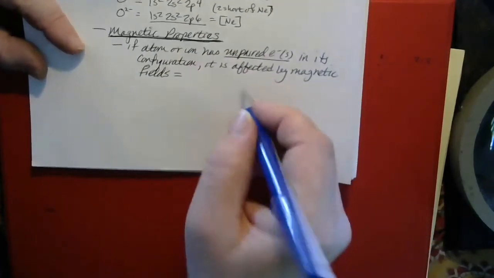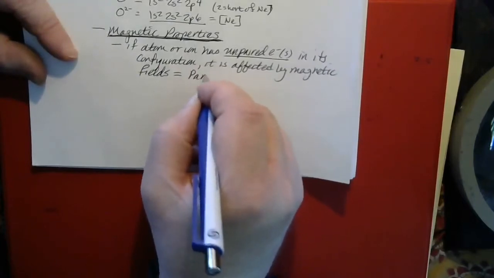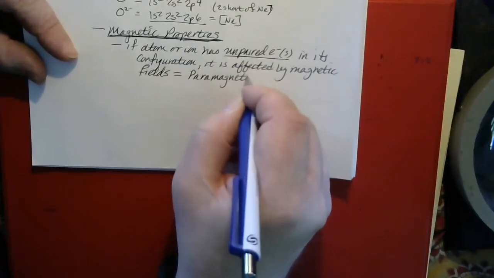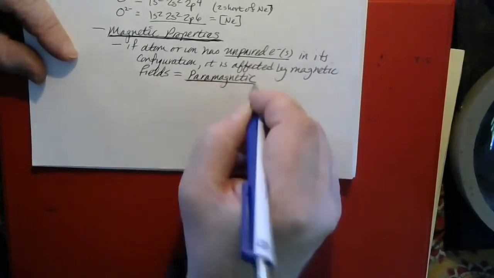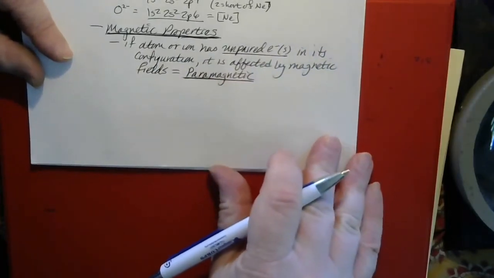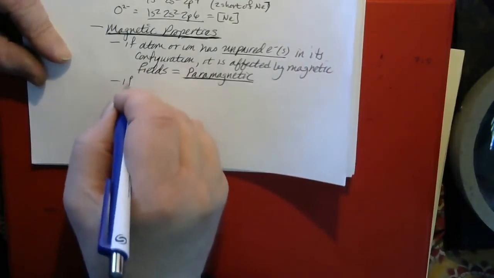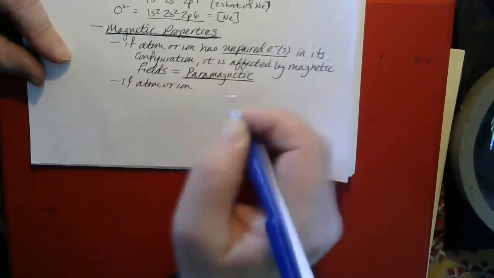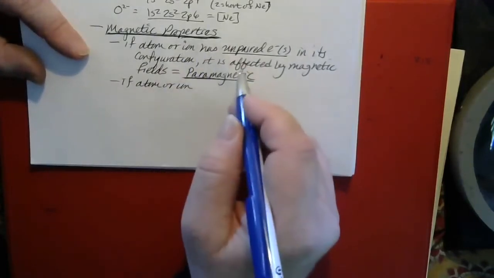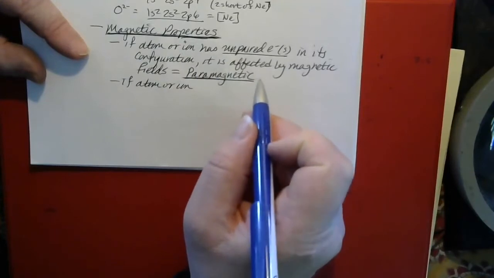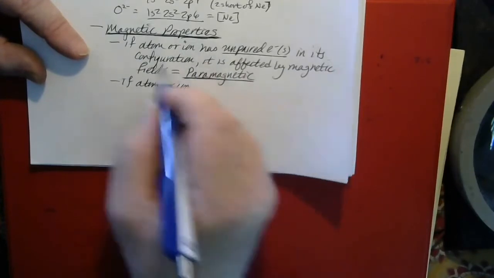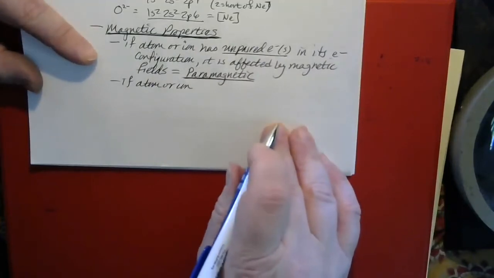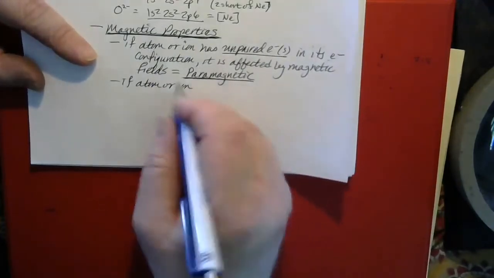And being affected by magnetic fields is known as being paramagnetic. And you might guess that on the other hand, if there are no unpaired electrons in the configuration, then it's not affected by magnetic fields. But what's that called? We'll get to that in a moment.